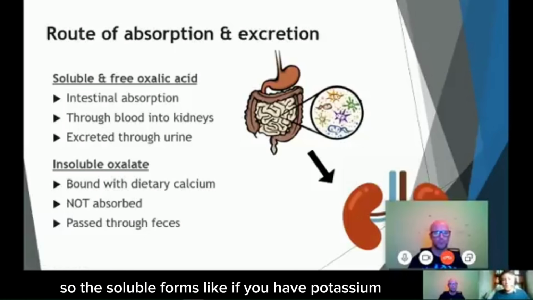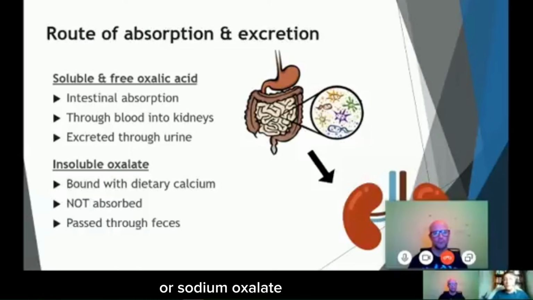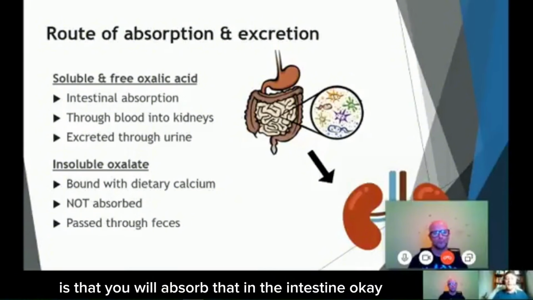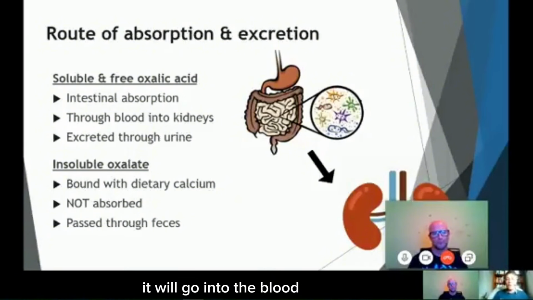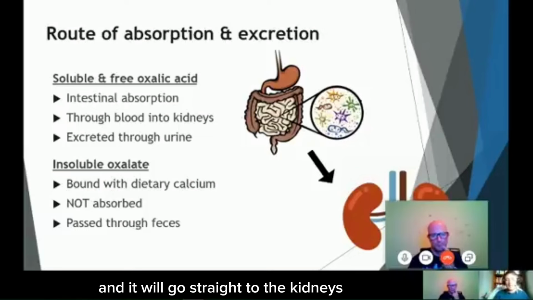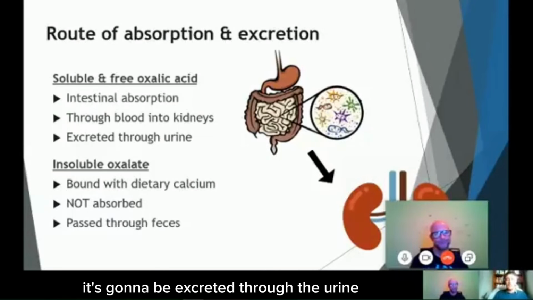The soluble forms, like potassium or sodium oxalate, or free oxalic acid in spinach, you will absorb in the intestine. Okay, it will go into the blood and straight to the kidneys. And when it goes to the kidneys, ideally it's going to be excreted through the urine.